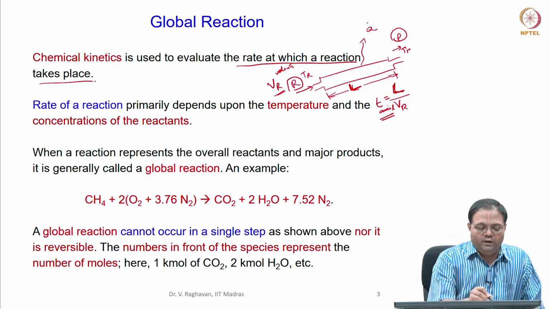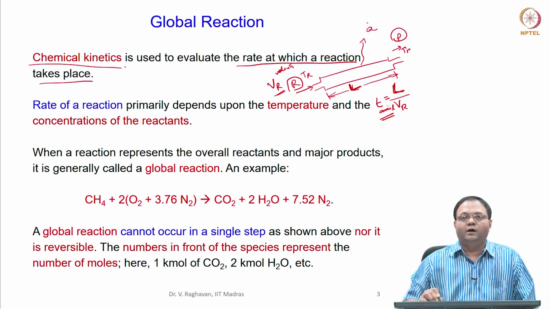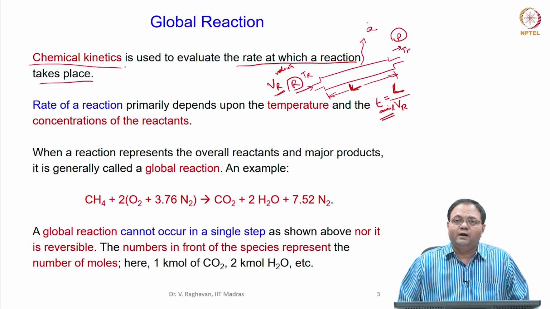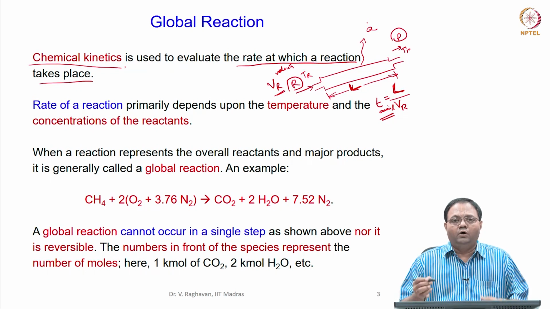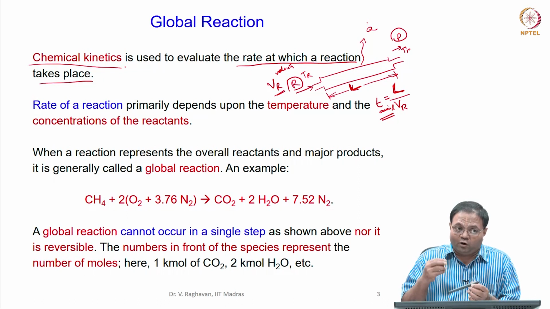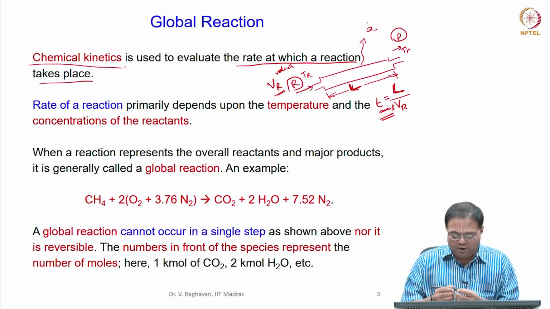So this study of chemical kinetics is very important in determining the rate at which a chemical reaction will be completed. We have to understand several things here: how a particular fuel is going to react, what the factors influencing the chemical kinetics are, and so on.